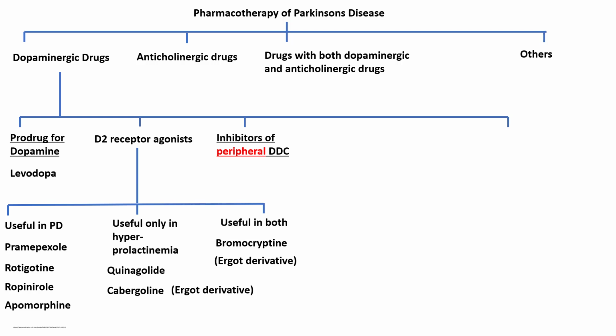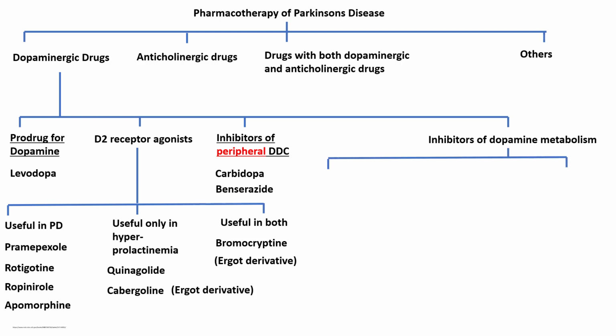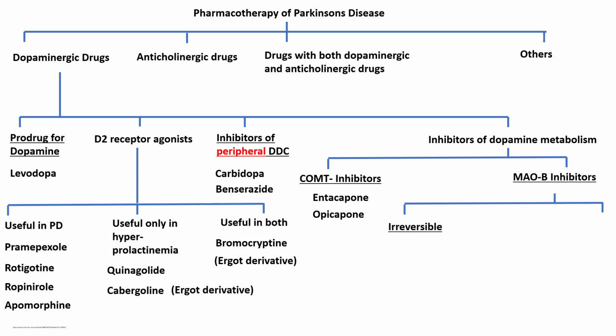There are inhibitors of peripheral dopa decarboxylase enzymes, and these include carbidopa and benserazide. There are also drugs which inhibit the metabolism of dopamine by inhibiting enzymes like catechol O-methyltransferase and monoamine oxidase B. COMT inhibitors include entacapone and opicapone, and MAO-B inhibitors are classified into two: irreversible and reversible.